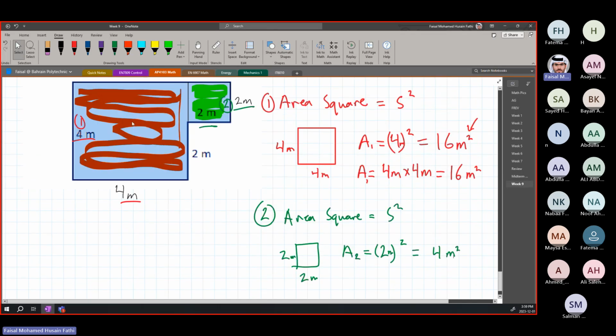Now we found both areas. We found the large square and the small square. All we have to do is add them up in this case.